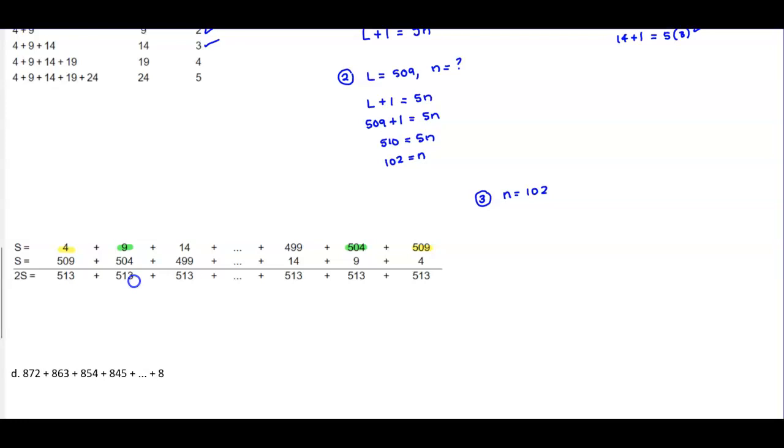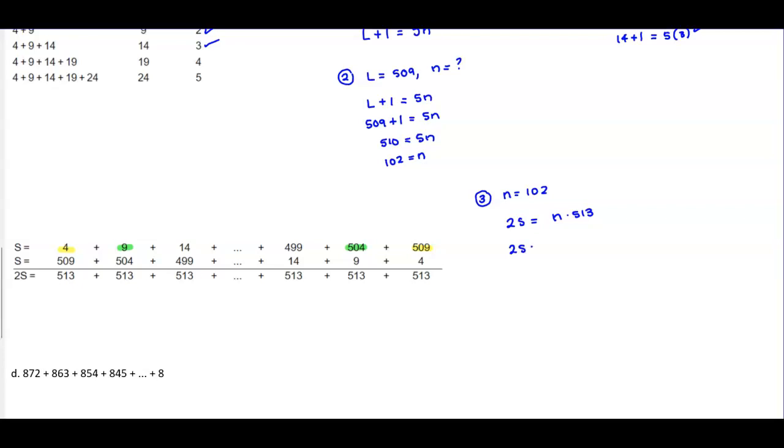And we know that the sum of the first and last term is 513. So we're going to do the following. We have 2 times s, which is equal to n times 513.